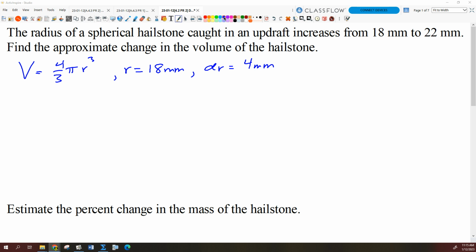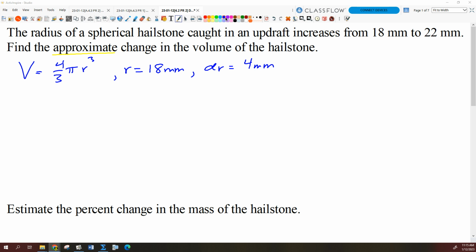Delta V is the exact change, the actual change. dV is the approximate change, where we can just use a differential. So then what's the differential that's going to give us this answer?